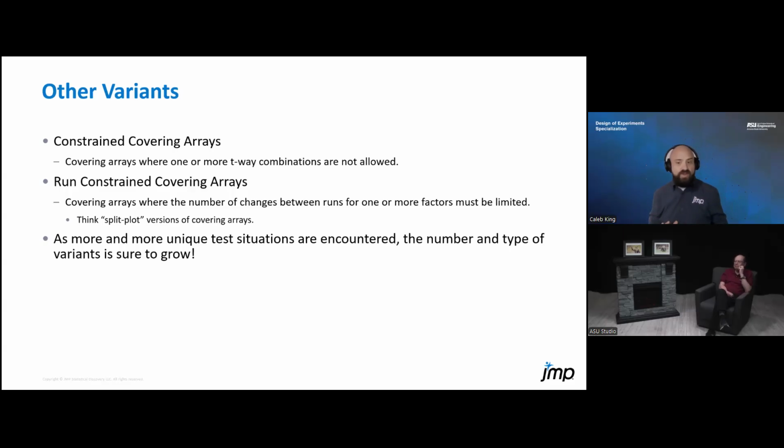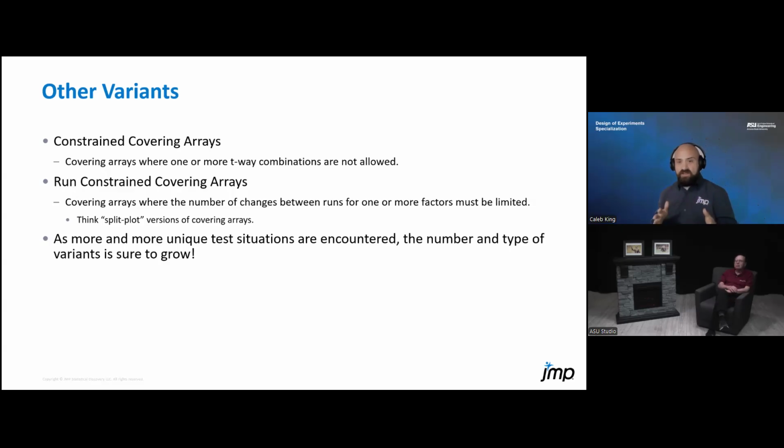So I can't do those. How do I maintain that coverage property when one of the combinations is not allowed? Or maybe I have 2 or more combinations that aren't allowed. That's the idea behind constrained covering arrays, making sure we maintain coverage while still allowing for some combinations to not be there.